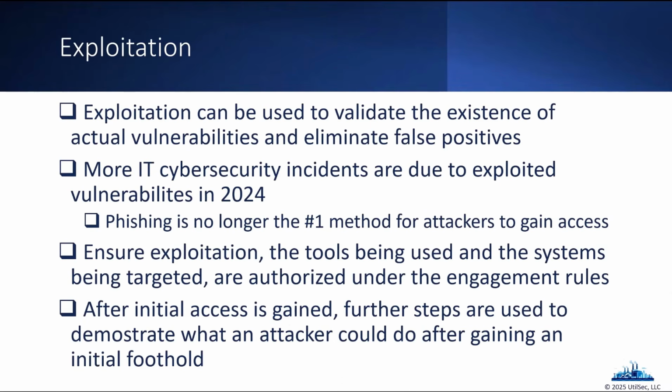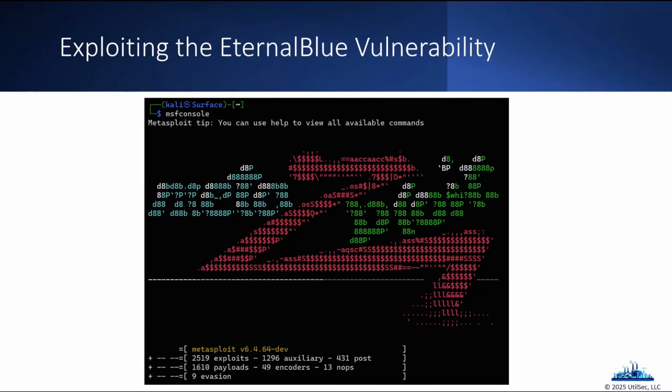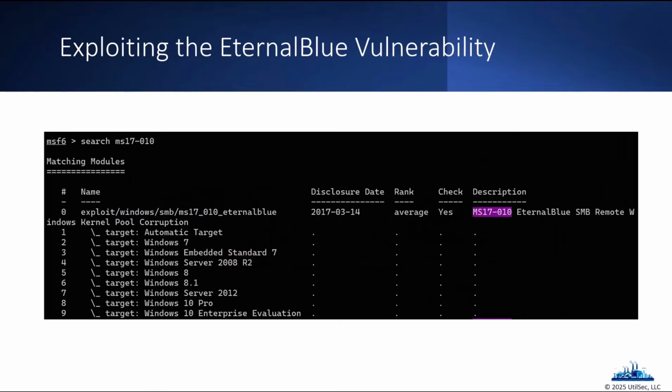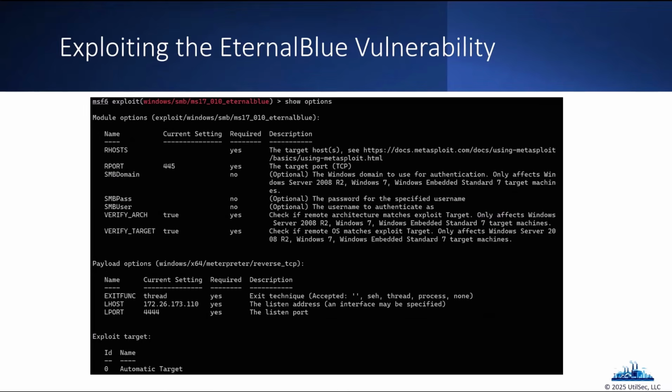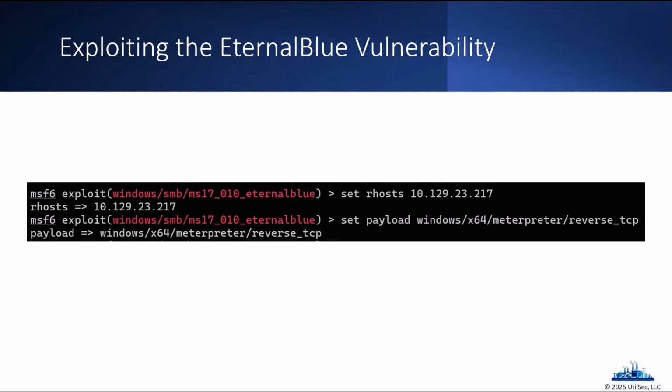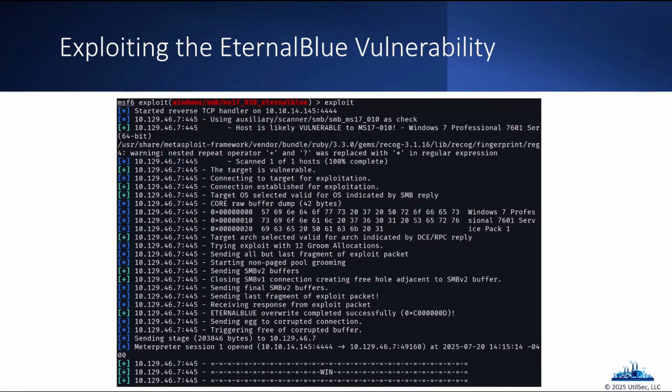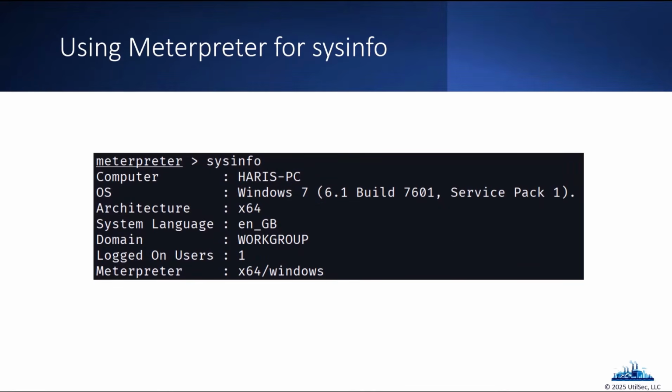And then going through using a tool like Metasploit to find that exploit, set it up, configure it correctly, and then launch it to gain access to that remote host, where we can run commands.